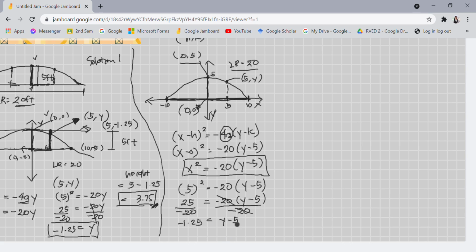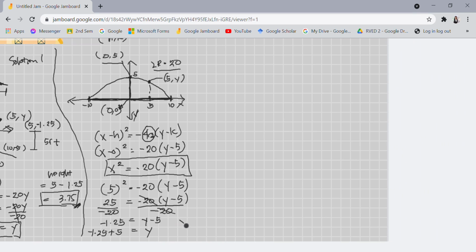Okay? So, to isolate y, we will transpose negative 5. So, we have here y is equal to negative 1.25 and then this is negative, magiging plus 5 siya dito. Okay? So, therefore, your y now is equal to negative 1.25 plus positive 5. That results to positive 3.75. Okay? So, that is the coordinate of this point. You have here 5, 3.75.